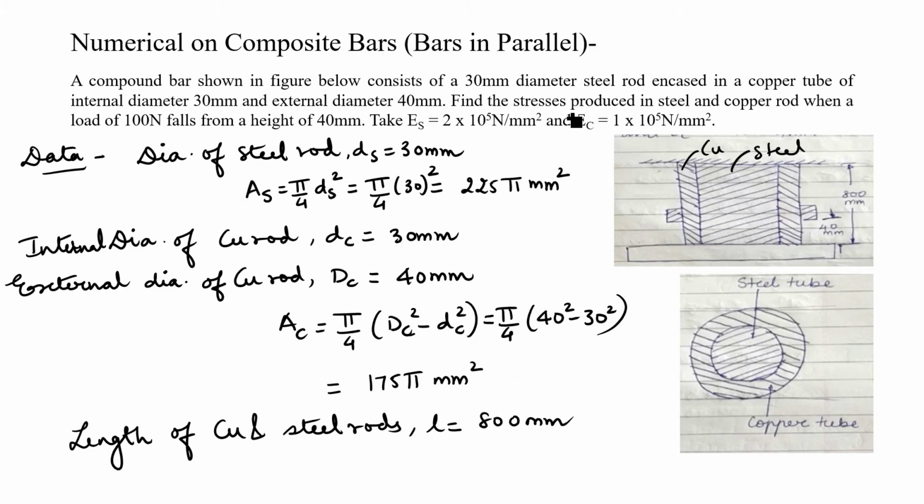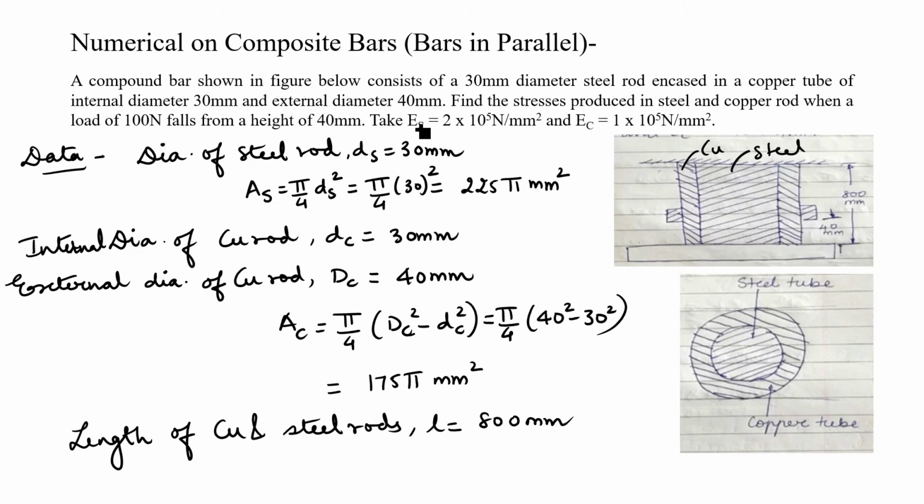Find the stresses produced in copper and steel, which means I need to calculate sigma S and sigma C when a load of 100 Newton falls from a height of 40 mm. 40 mm is going to be my height from which the load is falling, and the value of load P is given as 100 Newton. So you can see in the diagram, this is the load which is attached here. This will fall down, whose value is 100 Newton, and the height is 40 mm.